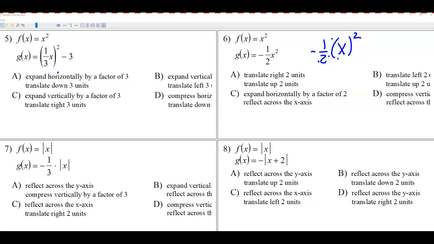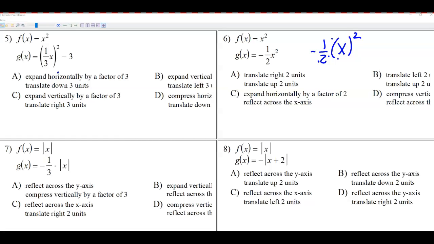It expands. If A is negative, it reflects over the x-axis. Since it's negative, it's not a compression or a stretch because it's not greater than or less than 1. But it is negative, so that's a reflection across the x-axis.